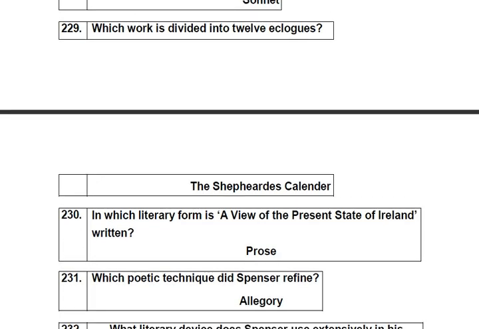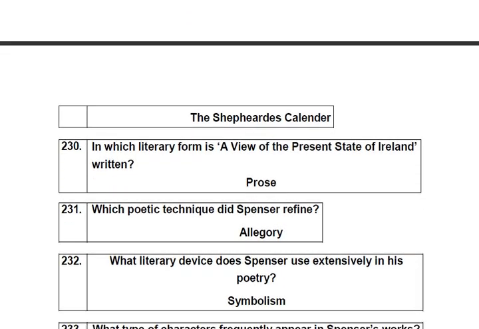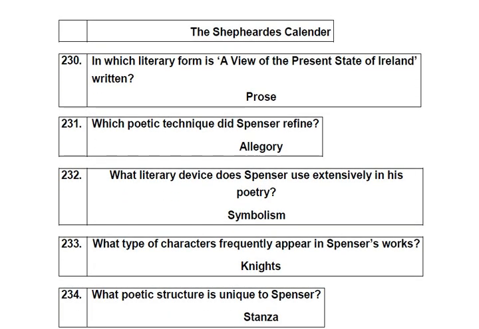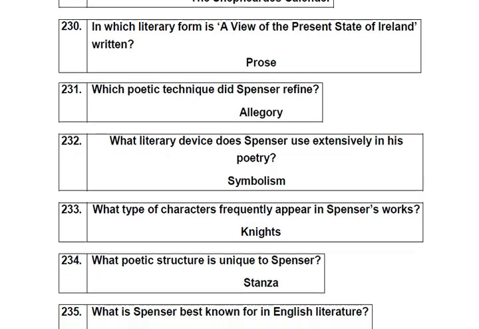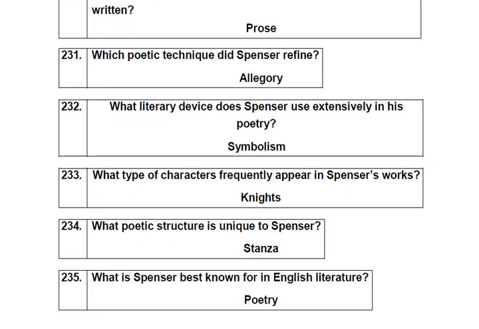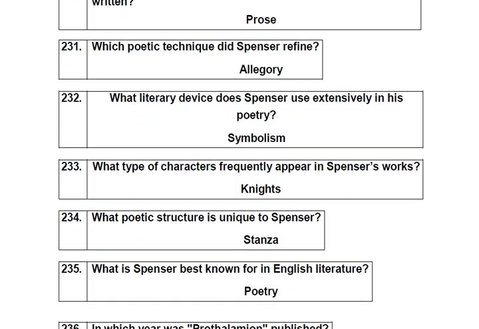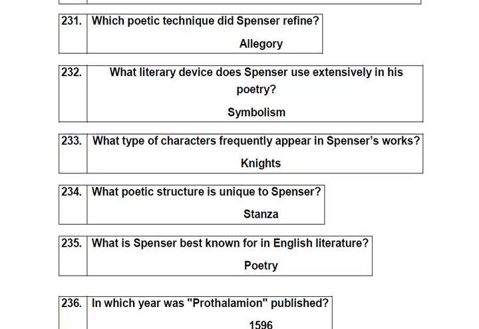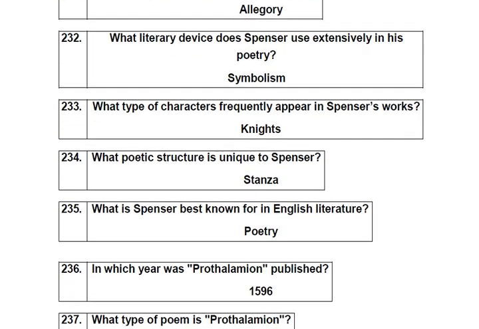What genre is Amoretti? Sonnet. Which work is divided into 12 eclogues? The Shepherd's Calendar. In which literary form is A View of the Present State of Ireland written? Prose. Which poetic technique did Spenser refine? Allegory.